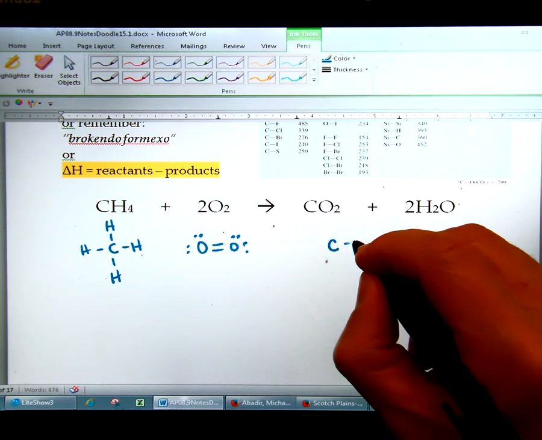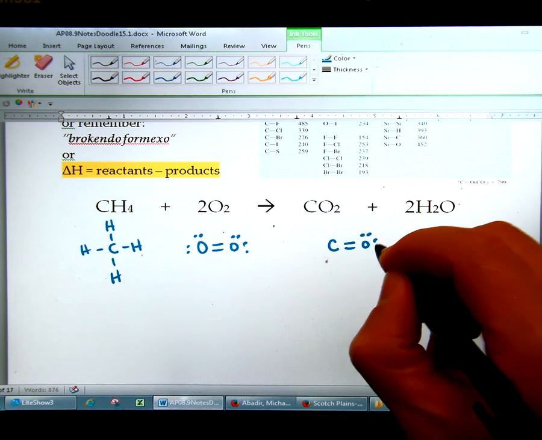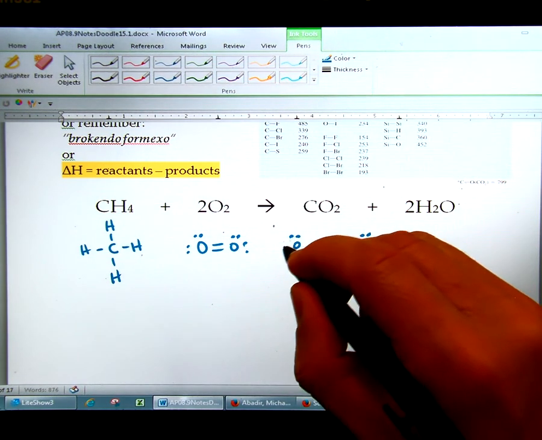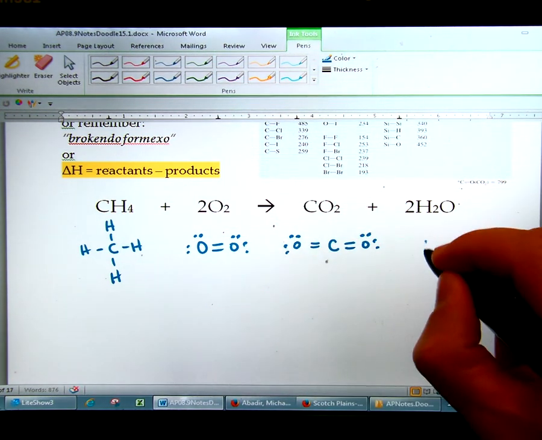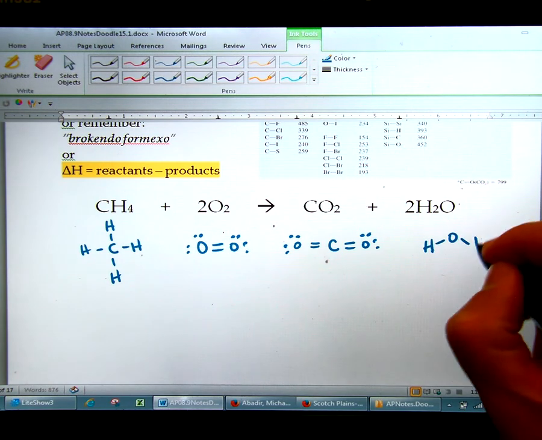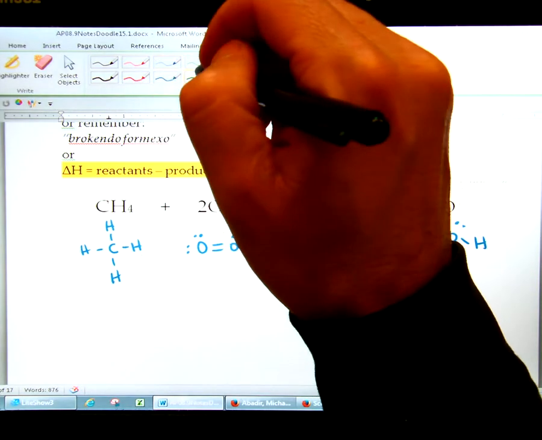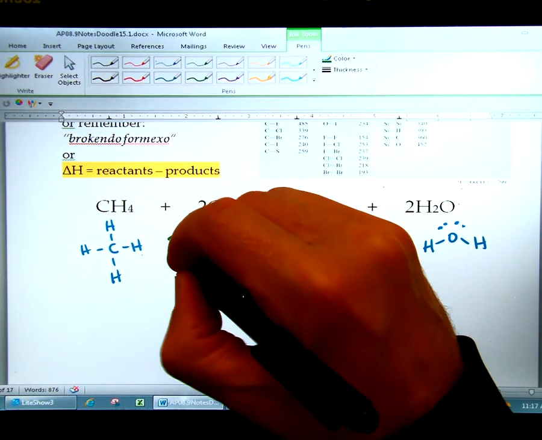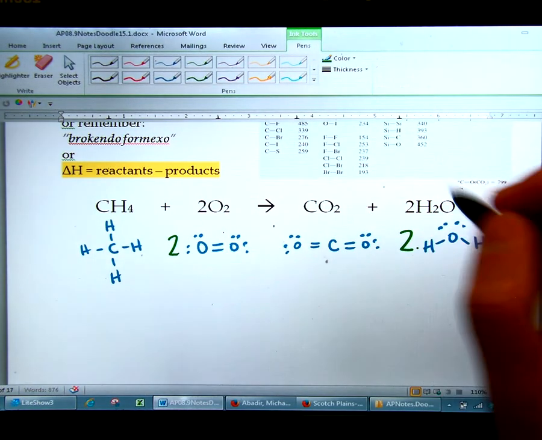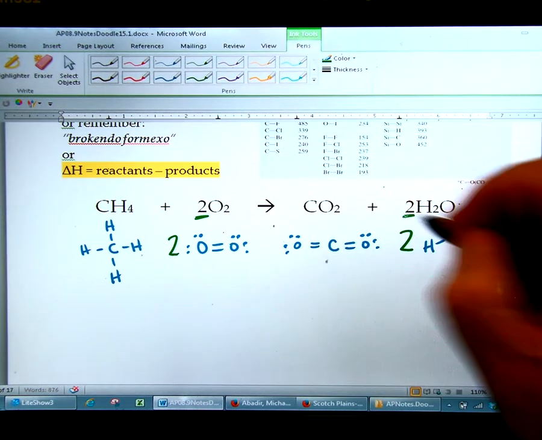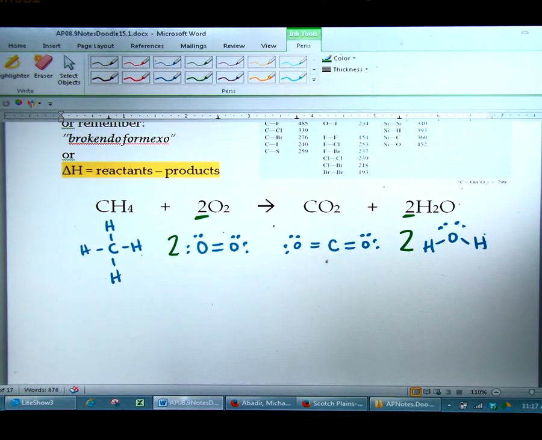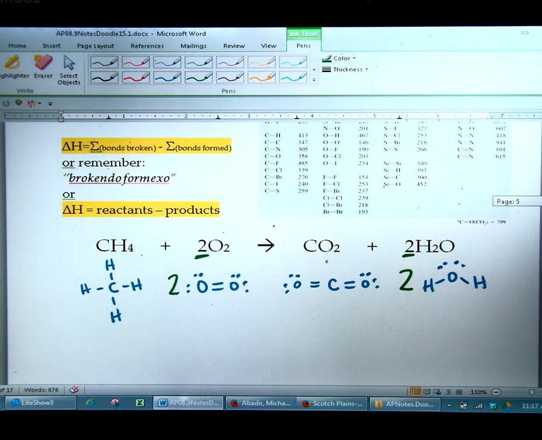Carbon dioxide also has 2 double bonds, as we saw from our practice earlier. And water, of course, has single bonds with the H and the O. But remember that there are 2 waters and 2 oxygens, because you have 2 here and 2 here. That's important, and we'll see how that plays into our problem here.